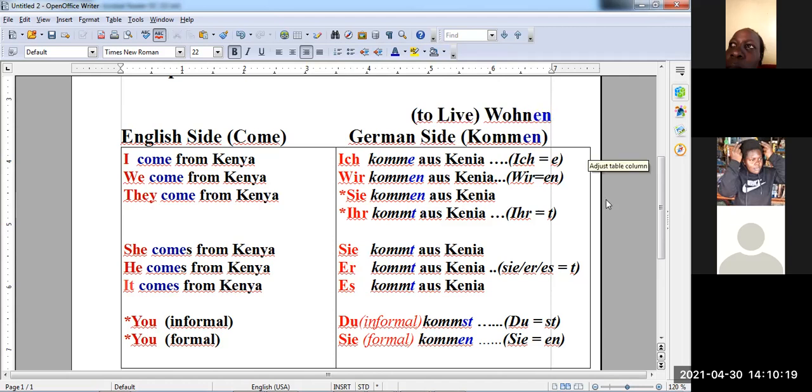If I ask all of you to substitute, I live in Kenya or I live in Hamburg, you know it already. Wohnen. Ich wohne. You're going to remove the N. Ich wohne in Kenya or in Nairobi. Wir wohnen in Kenya.